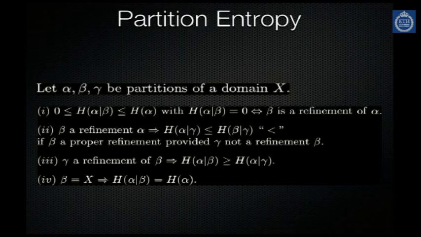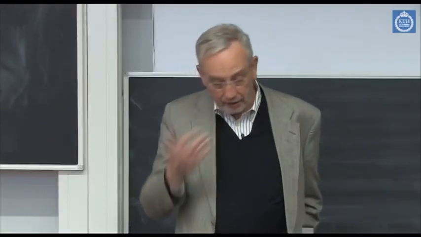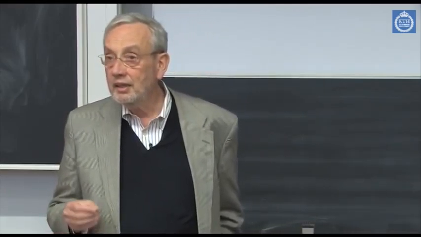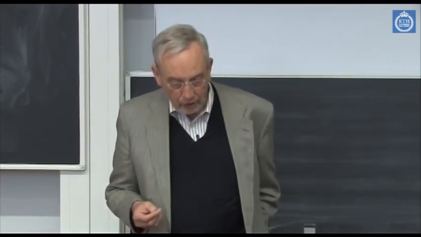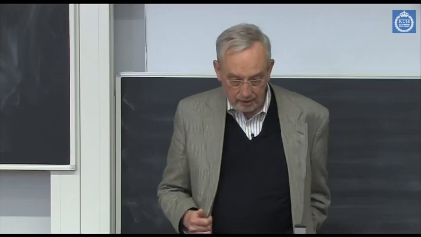And once you make these definitions, then you can write down a bunch of inequalities. The conditional entropy, for instance, of one partition conditioned on another partition is always less than or equal to the unconditional entropy of the partition that you started with. And in particular, the conditional entropy of a partition alpha conditioned on a partition beta is 0 if and only if beta is a refinement of alpha.